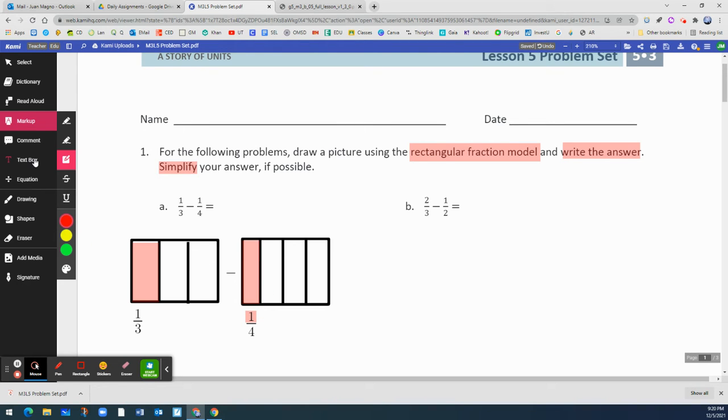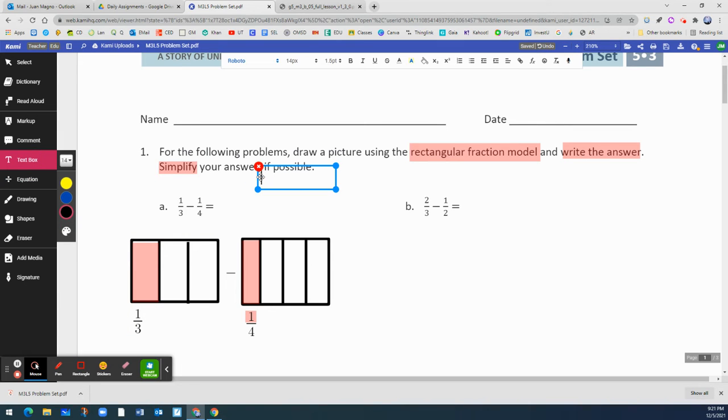Now remember, to be able to subtract this, we have to multiply the opposite denominators. So, for example, in this case, the denominator 3 is the opposite denominator of the number 4.